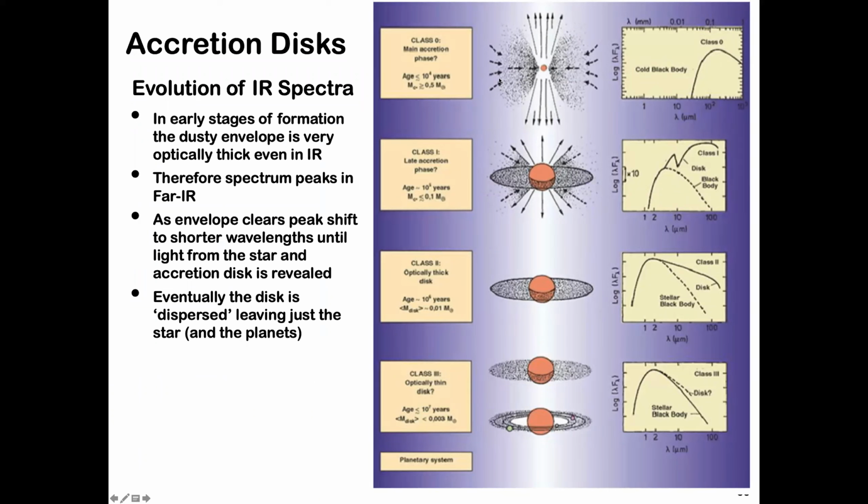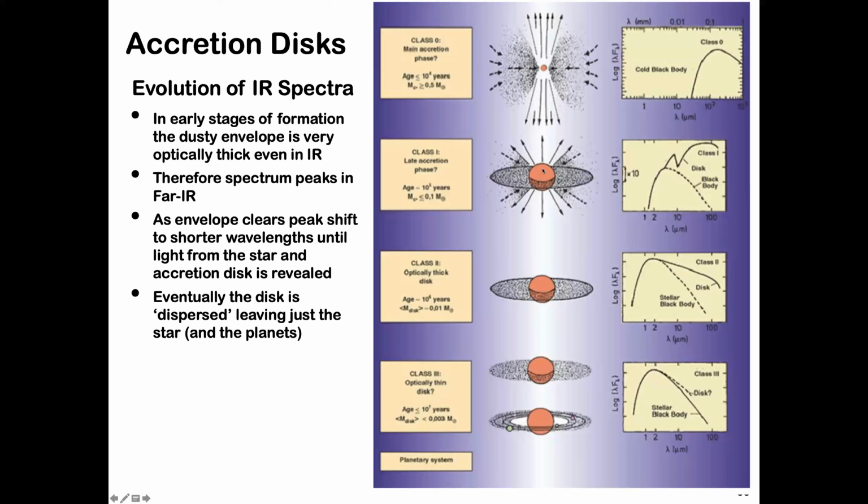So in star formation, and this is mostly an empirical subdivision, it depends on how the spectral energy distribution, which is lambda F lambda, the flux at a certain wavelength as a function of lambda, looks like. So if you have a very early stage of star formation, your SED is peaking at a quite long wavelength. And basically you just see the envelope, the cold 10 Kelvin envelope. You don't see much in the central region.